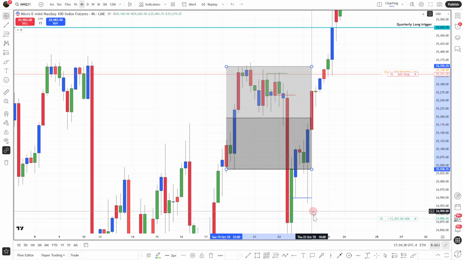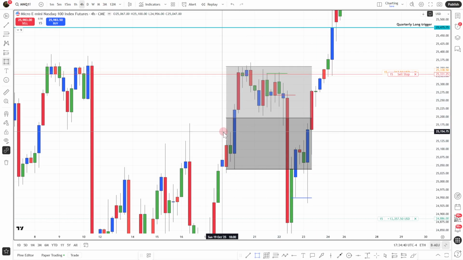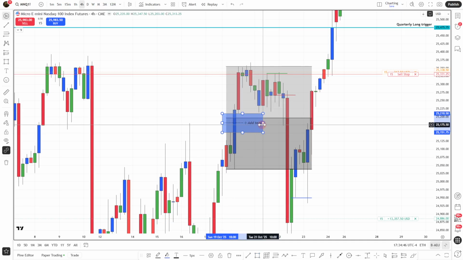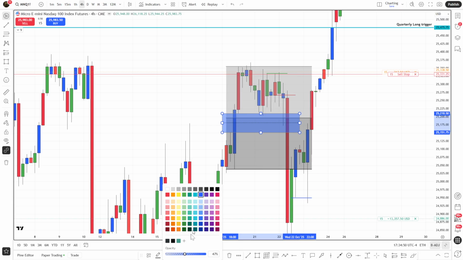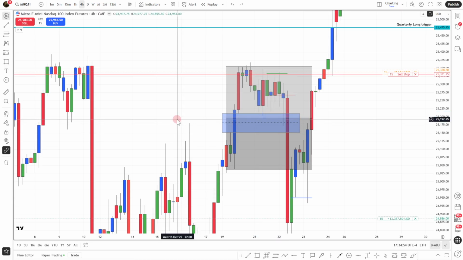But what do we have here? So this is the initial whipsaw as New York's getting ready to open. Price moves all the way back up here. You get the opening price.